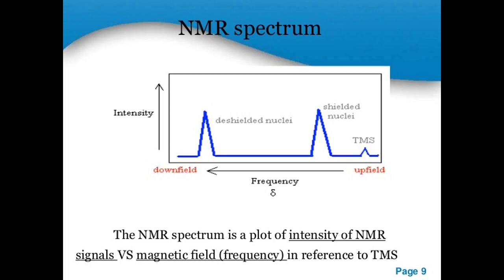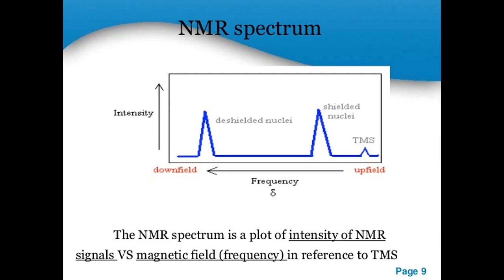At some value of the field strength, the energy required to flip the protons matches the energy of the radiation, the absorption occurs, and each absorption gives an NMR signal. That is why, if the precessing frequency of the proton matches the energy of the radio frequency irradiated or absorbed, such a process is called nuclear magnetic resonance.